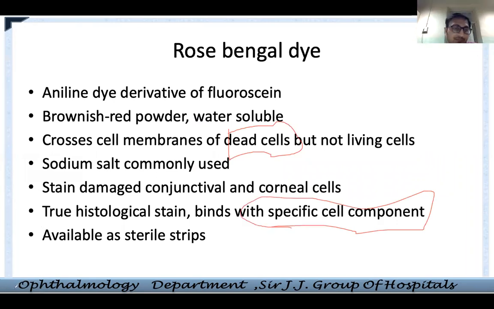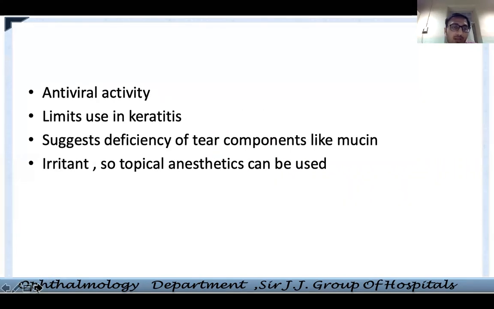The problem is that it has antiviral activity, and because of that, when you are suspecting viral keratitis or any other keratitis, they do not advise staining with rose bengal even before you take your scraping.